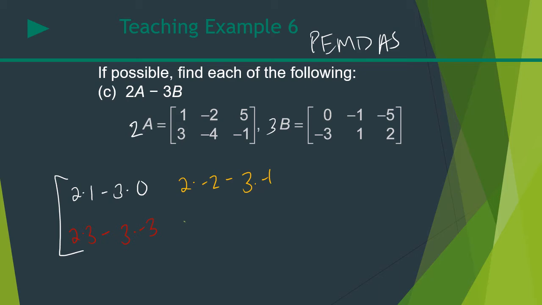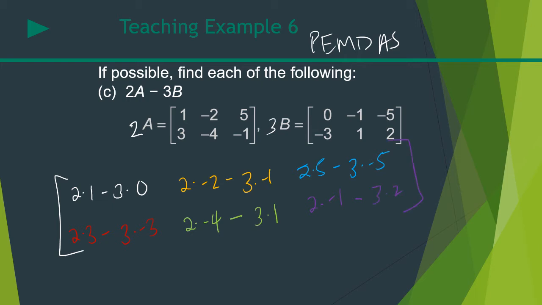Then I'm going to have 2 times negative 4 minus 3 times 1. Then I'm going to have 2 times 5 minus 3 times negative 5. And then last but not least, I have 2 times negative 1 minus 3 times 2.